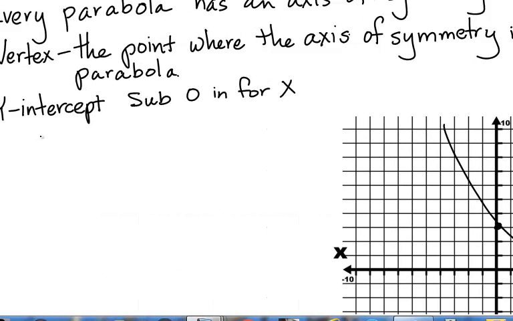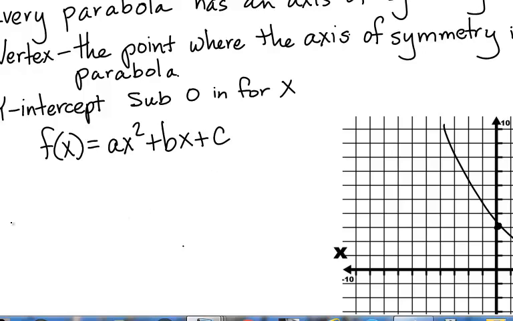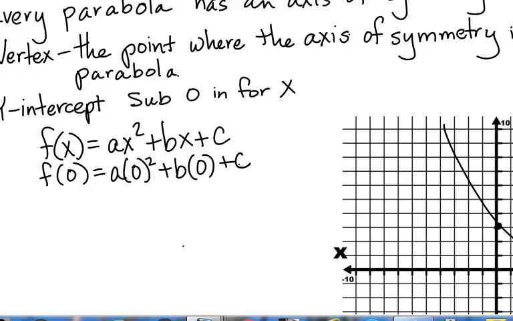And if you take your beginning, take the f of x equals ax squared plus bx plus c, sub 0 in for x, so you'd put a 0 squared plus b times 0 plus c. Well, 0 squared is 0 times a is 0.